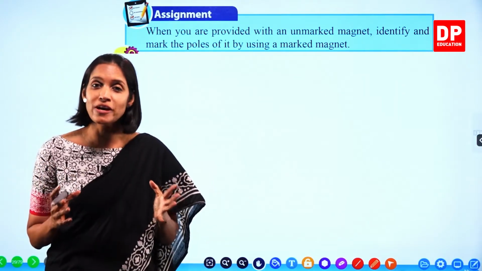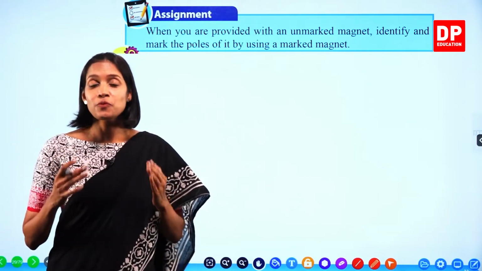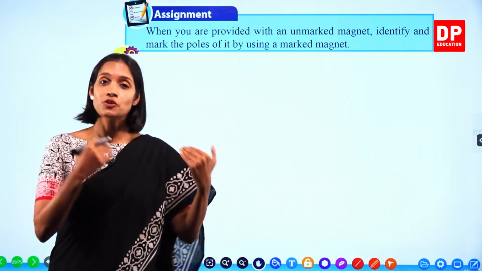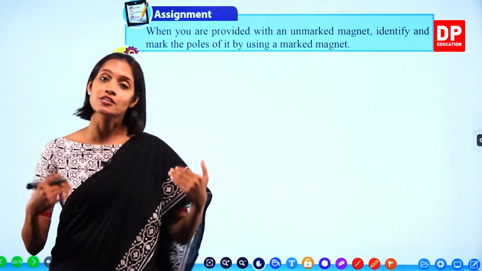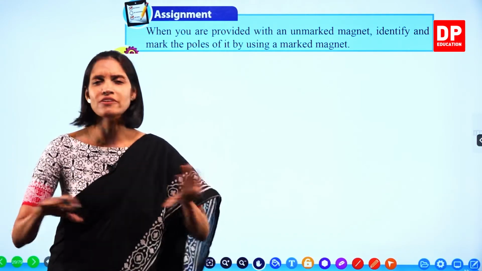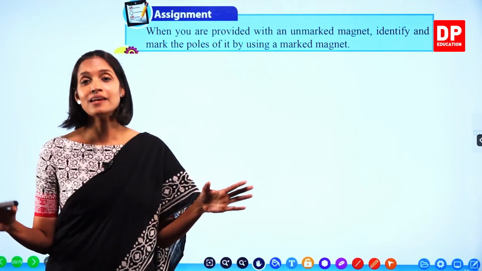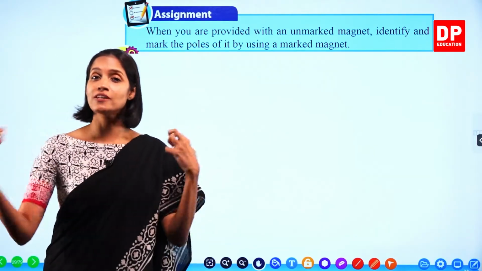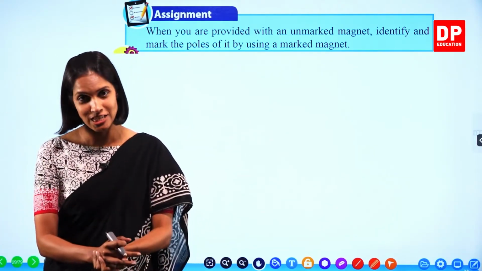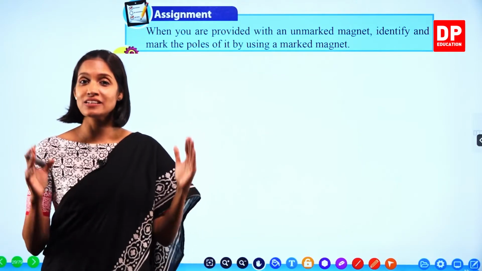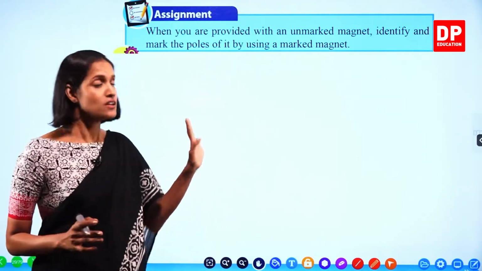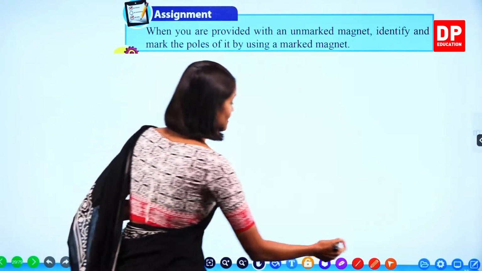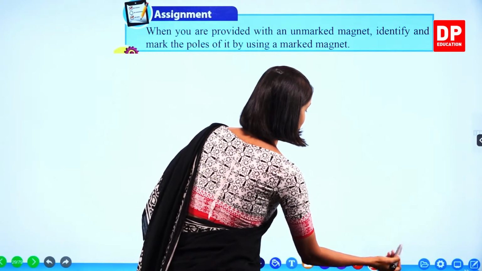Now, we all know as a theory, like poles repel each other, which means north and north poles or south and south poles of the two magnets always repel each other, right? And the unlike or different poles, which means the north and south poles, always attract towards each other. We are going to use that theory to answer this question. First of all, I am going to write that theory. I will write it in a different color.